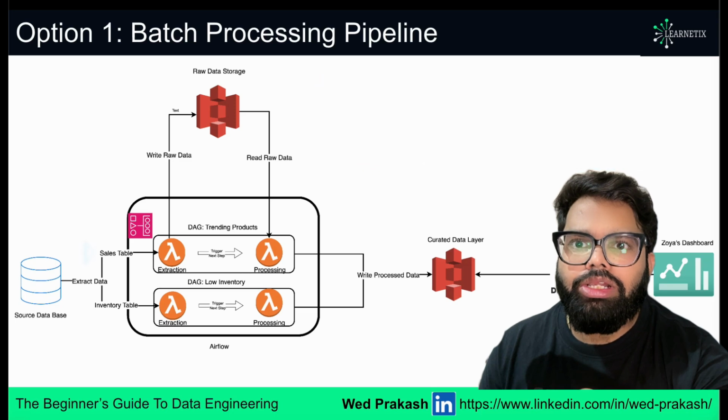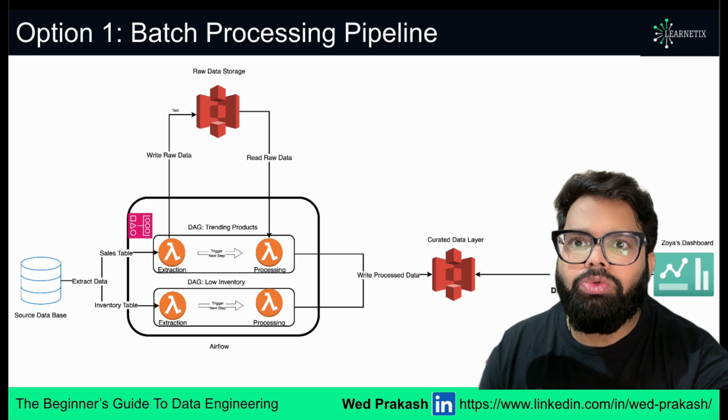So this script will query the top selling products from the last 7 days. Now these two scripts are scheduled to run every hour using Apache Airflow, each one inside its own DAG. Think of a DAG as an automated pipeline with steps that run on schedule. So data is now getting extracted every hour for low inventory and trending products.